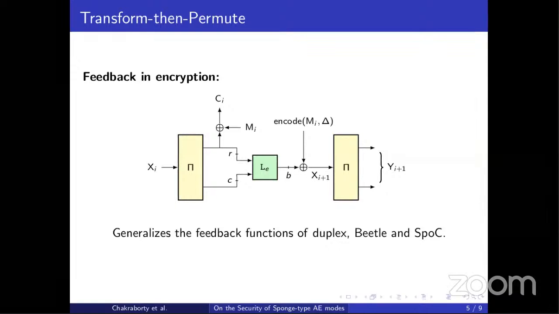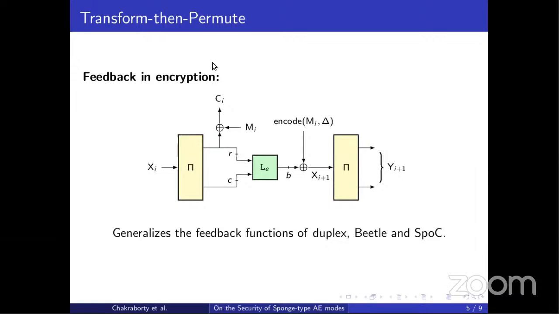So in this mode, the feedback in the encryption algorithm is something like this. We take a general linear function LE that takes the current R plus C bit output, applies this linear function LE, and then XORs the message with some encoding. This delta value is some domain separation encoding, and then we get the next input. And the ciphertext is generated as before.